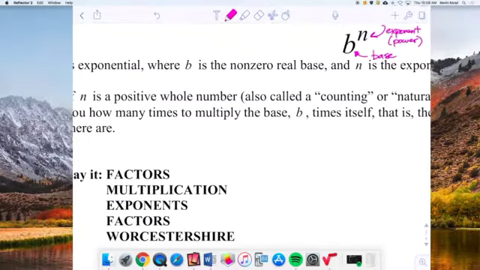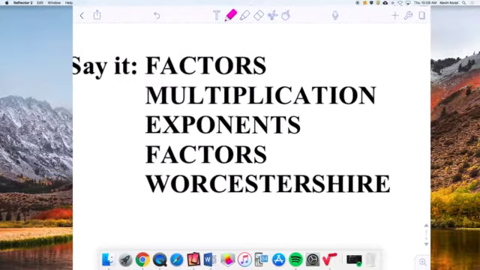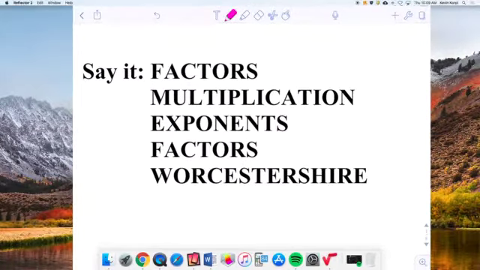So this exponentiation works because we are collecting factors. The rules of exponents work because they are abbreviated multiplication. So here are some words that are associated, and we need to say them. Factors imply what operation? Multiplication, right? And repeated multiplication then leads to exponents, which again means that we're combining multiple factors.